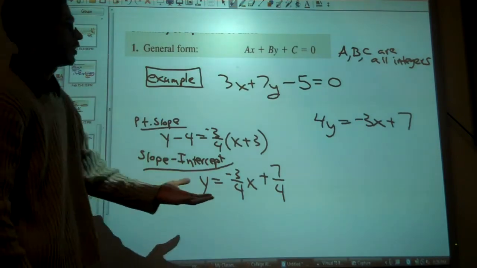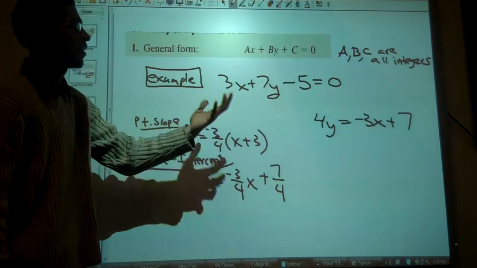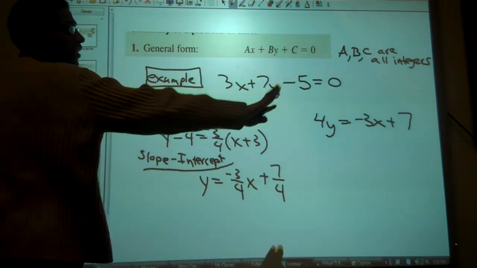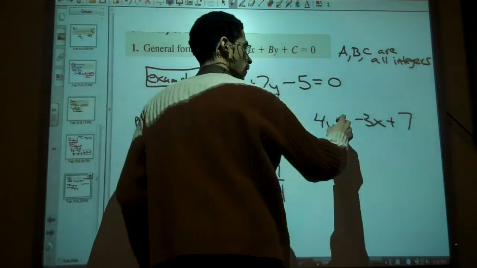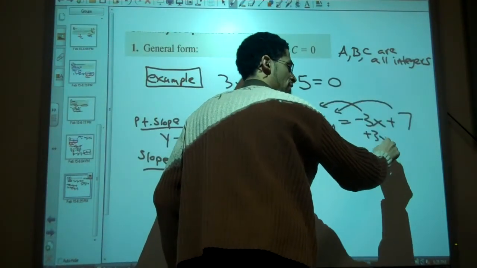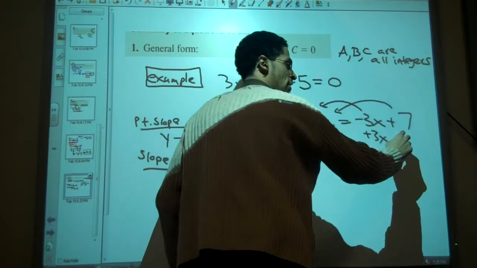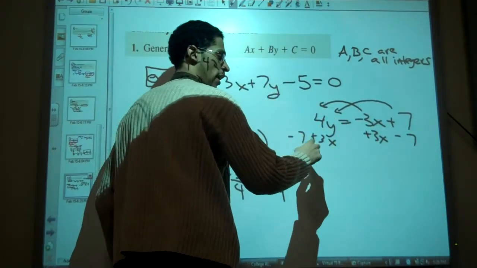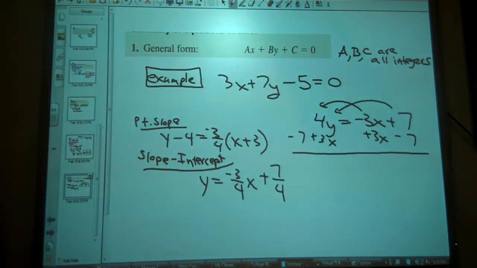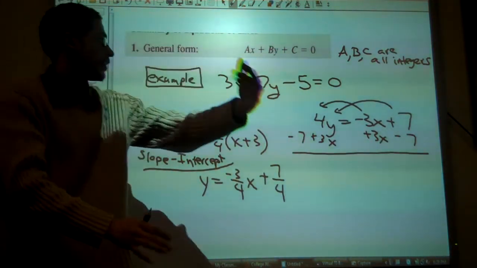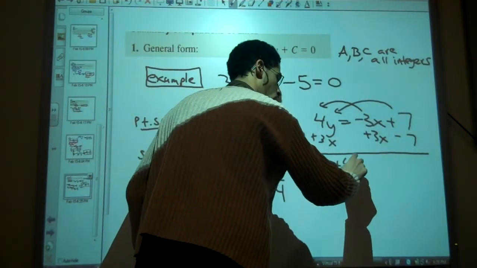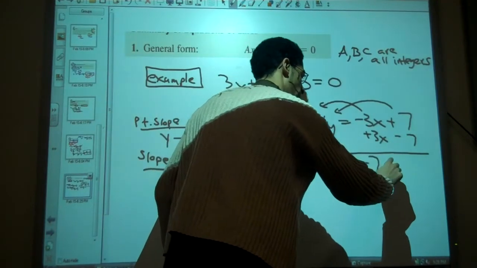And so, yeah, the x's, the y's, and the constant are all on the left-hand side, and there's nothing on the right-hand side. We're going to add 3x to both sides and take away 7 from both sides. And then put them in the order that they want. Your x comes first, then your y, and then your constant. So plus 3x plus 4y minus 7 is equal to 0.